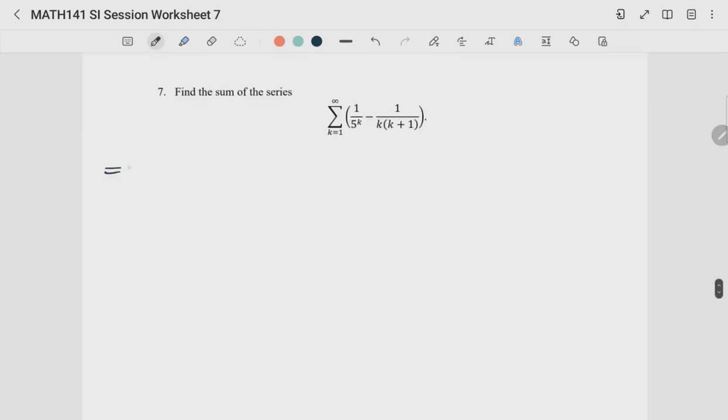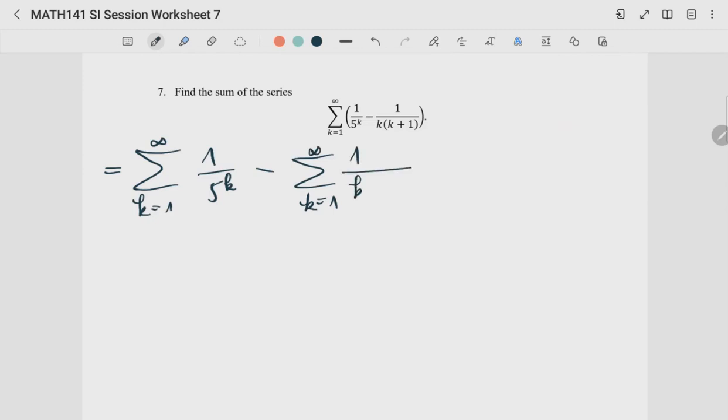So that would be now the sum as k goes from 1 to infinity of 1 over 5 to the k minus the sum as k goes from 1 to infinity of 1 over k times k plus 1. Now the first series is a geometric series.